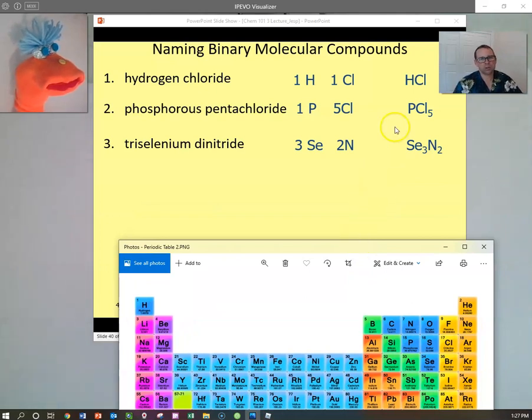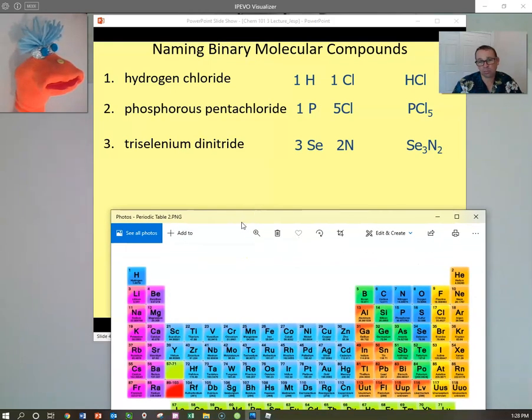Now, notice all of these compounds, are they molecular or ionic? Molecular. That's right, and because they're molecular, that's why we're naming them this way, with the mono, di, and tri. If it's ionic, we don't name it that way. We don't need to, because if I call it, for example, magnesium bromide, we know that there's magnesium and bromine.